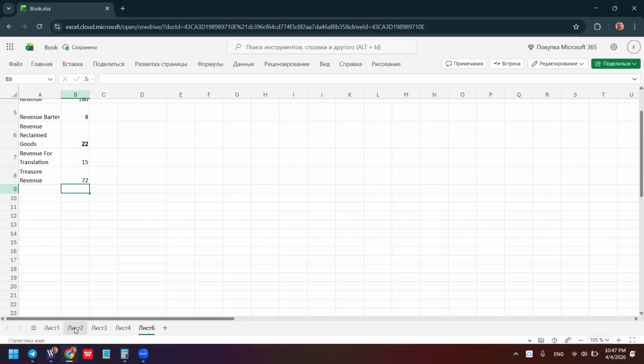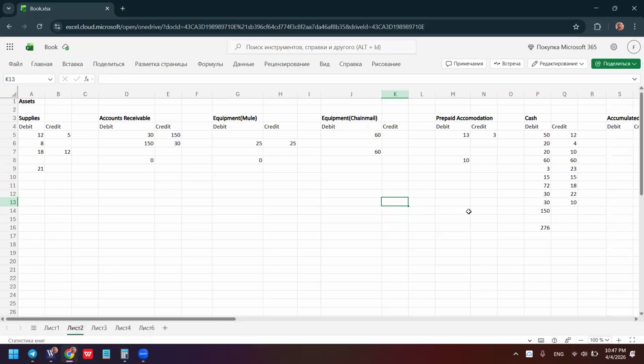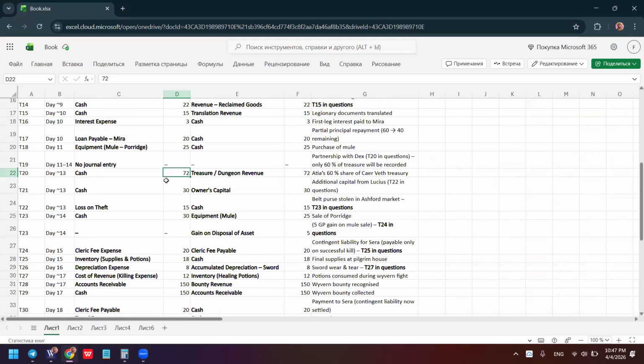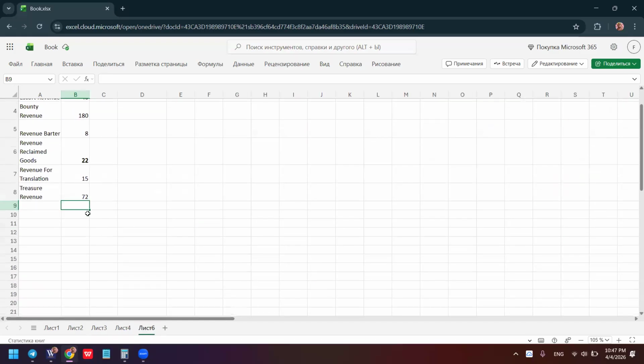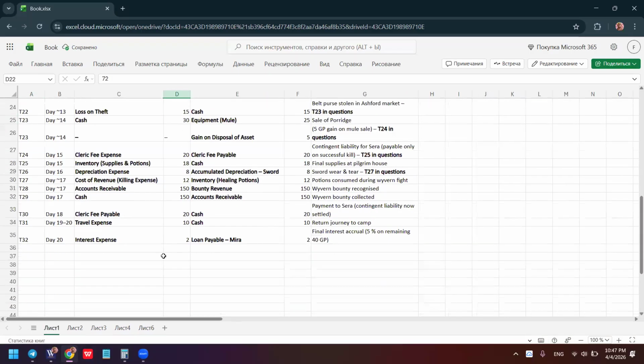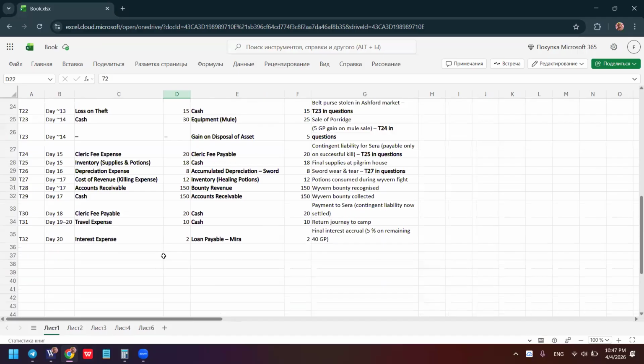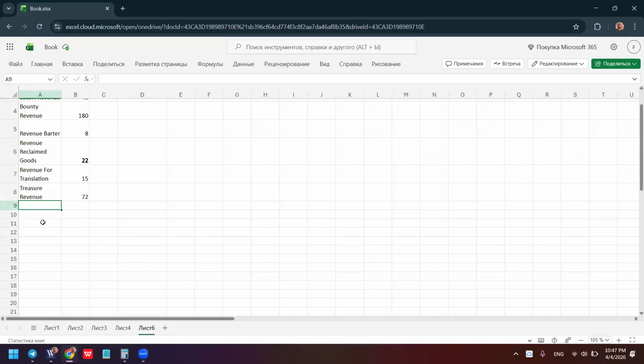And in my T account, it's also in assets. As you can see, it's here in debit and cash, and here in journal entries. So let's continue. And then we have, yes, let's see, no positive revenue left. Yeah, no revenue left. So we just calculate the total.